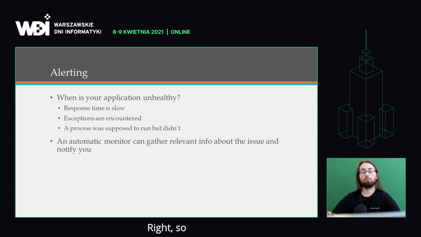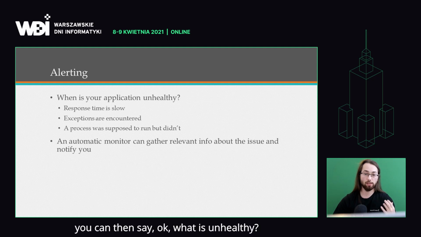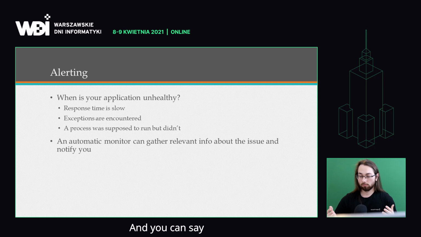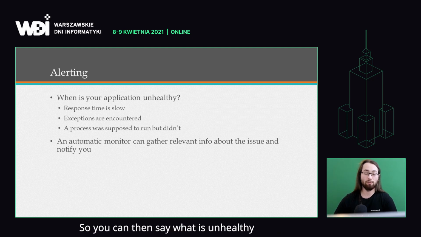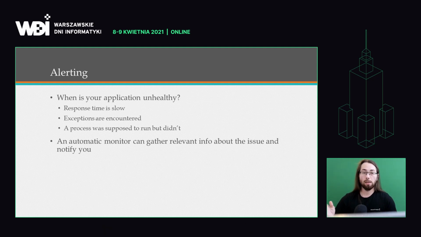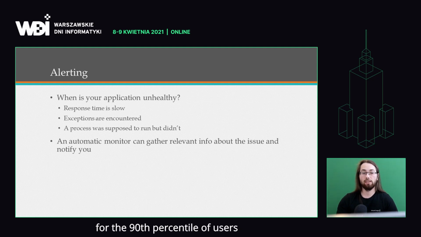Right, so because the metrics describe when your system is healthy, you can then say, okay, what is unhealthy? So you can say that, okay, maybe the response time fell below a certain threshold for the 90th percentile of users. Or you can say, okay, well, there's above a certain threshold of errors happening within 10 minutes.